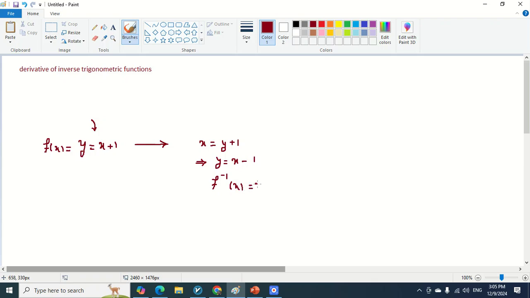And if I take a look at the graph of this function as well, you can see that the graph satisfies this condition that I talked about. If I consider the graph of y equal to f of x, which is y equal to x plus 1, then we have this graph.